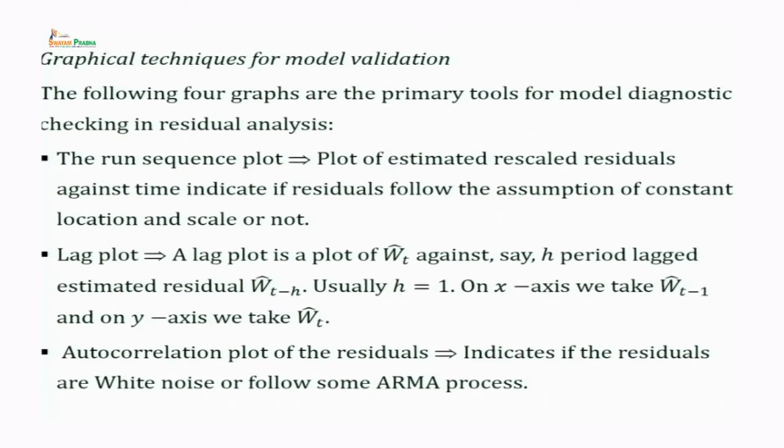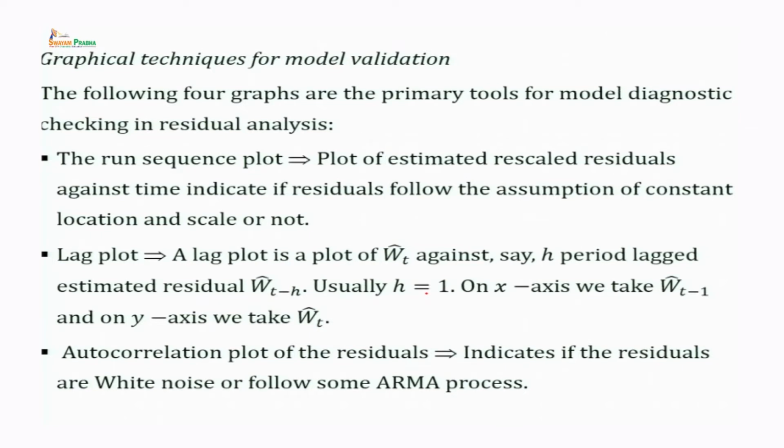The second plot is the lag plot. A lag plot is a plot of W hat t against, say, h period lagged estimated residuals W hat t minus h. So, on x axis we take W hat t minus h, on y axis we take W hat t. Usually we take h equal to 1.